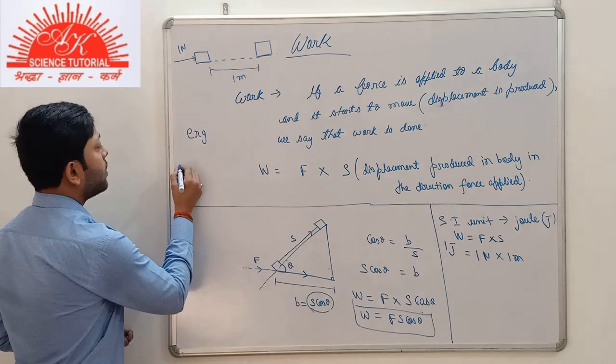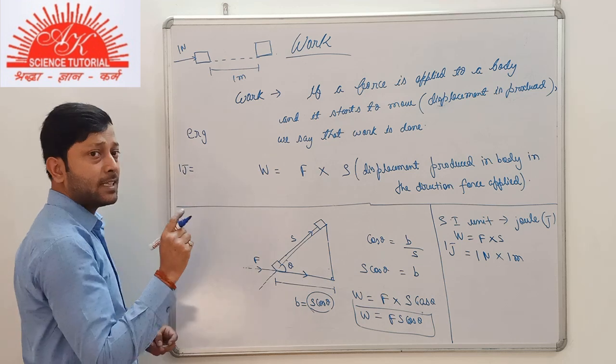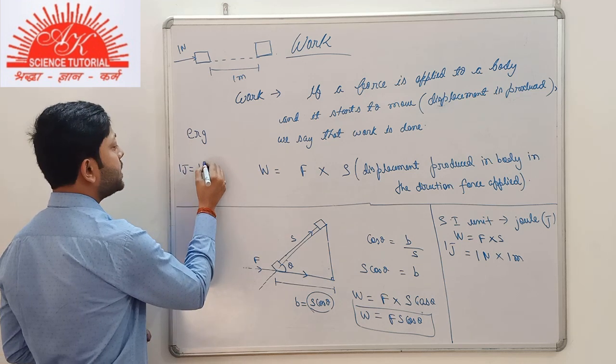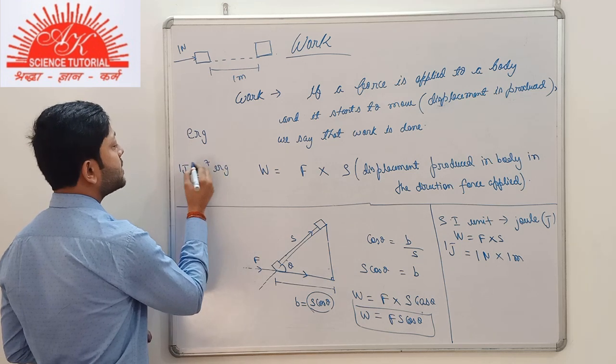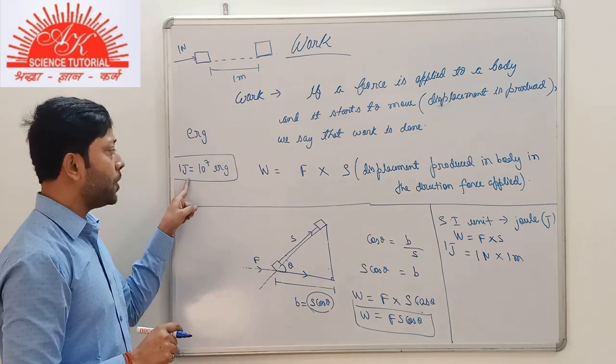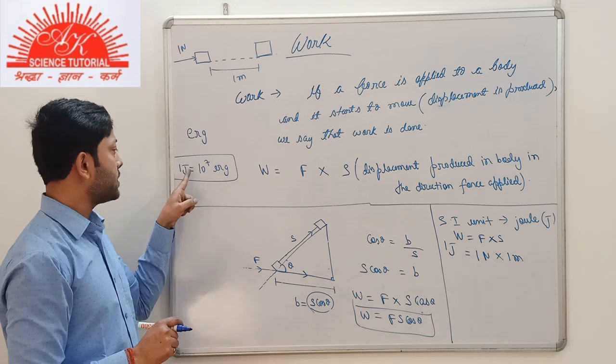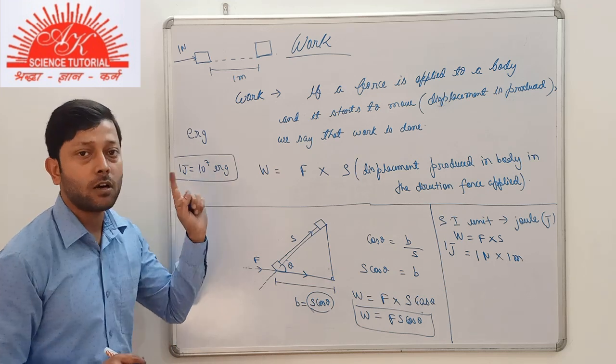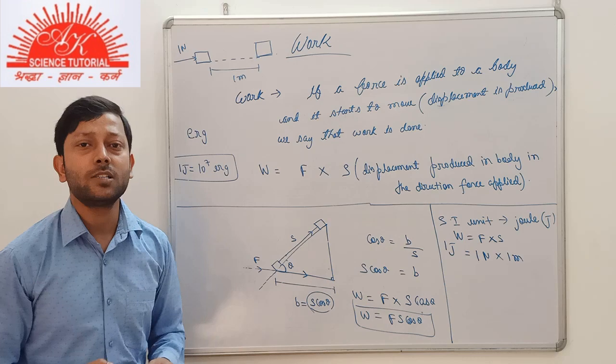So 1 joule, the SI unit of work, is equal to 10 to the power 7 erg. SI unit joule, CGS unit erg. So 1 joule is equal to 10 to the power 7 erg.